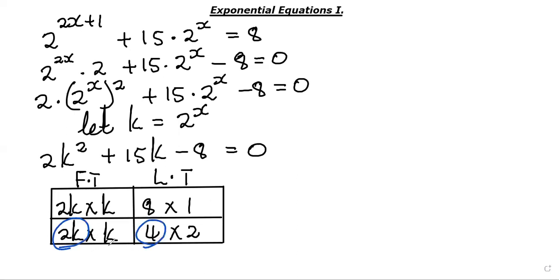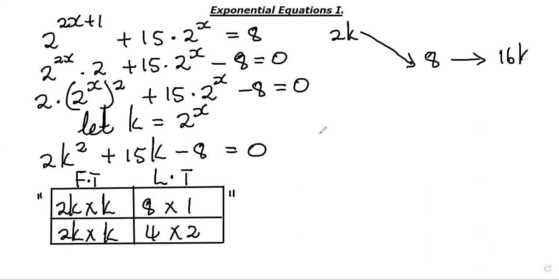If you say 2k times 4, you get 8k. If you say k times 2, you get 2k. There is no possibility of us adding or subtracting these two such that they'll give us 15. So meaning they are not ideal for us to use. So since we know this is the combination of factors we must use, then how do we go about it? Well, you have to take 2k and then you say 2k multiplied by 8 gives me 16k.